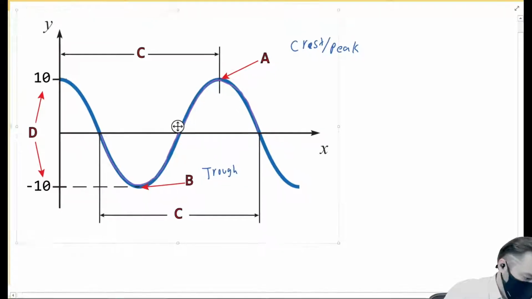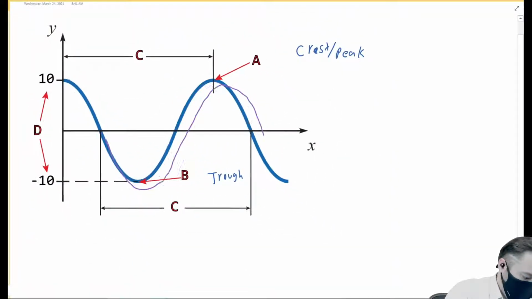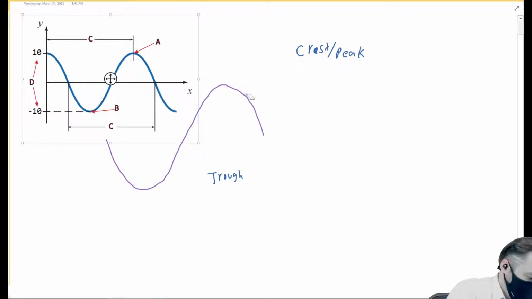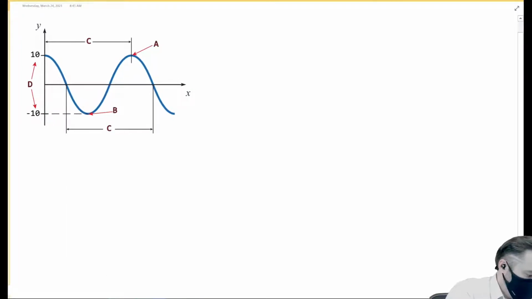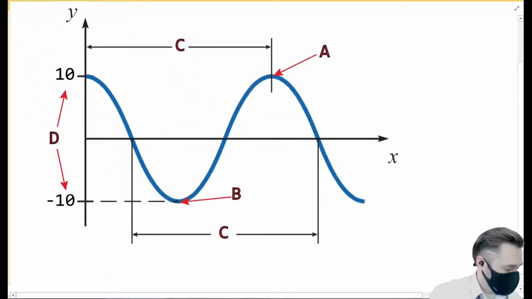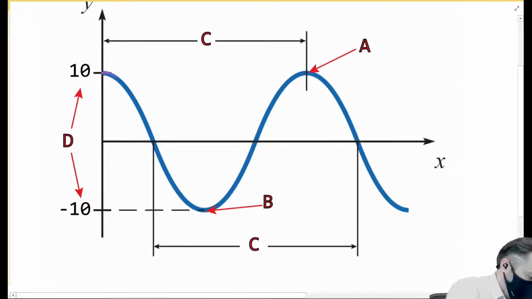Maybe I can just make it smaller. It'll show up a little bit better. So it's either going to be this part here, so peak to peak, or from the midline all the way up and then back down to the midline.